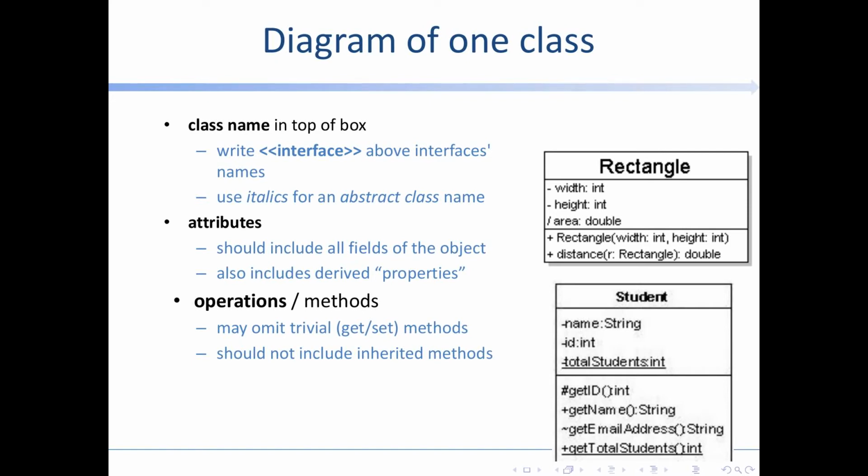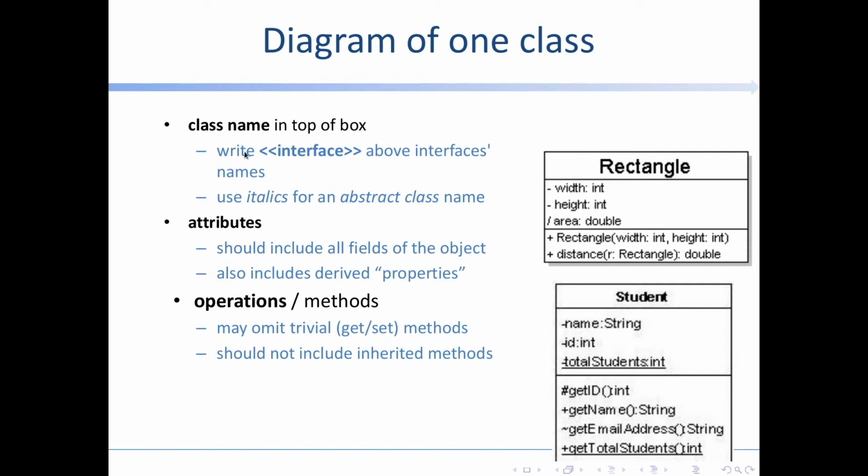Next slide. I'm going to show some examples of these class diagrams and some details of the syntax. First of all, the name can take a few forms. It's like in the data model, the name of the class.